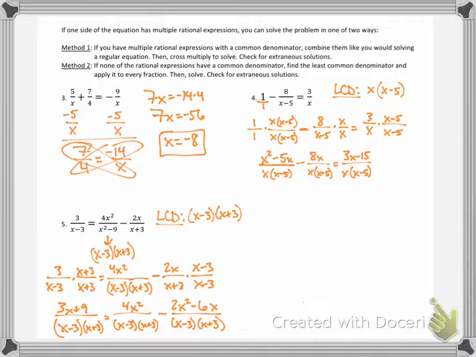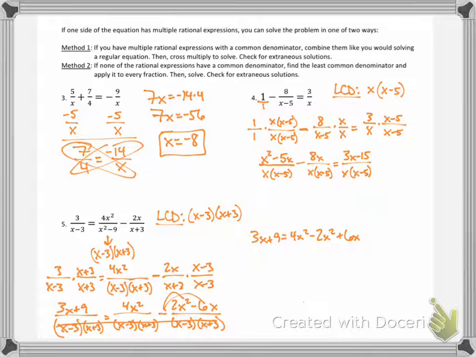Now all of them have the same denominator, so since it's in the equation, I can just make them go away. That leaves me with 3x plus 9 equals 4x squared minus 2x squared plus 6x. Keep in mind I'm applying that minus sign to both of those terms.